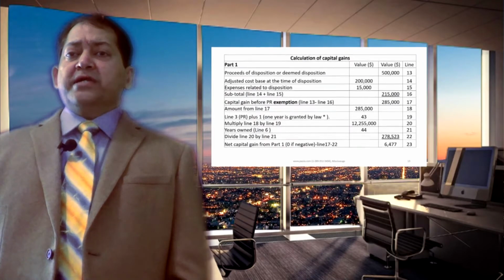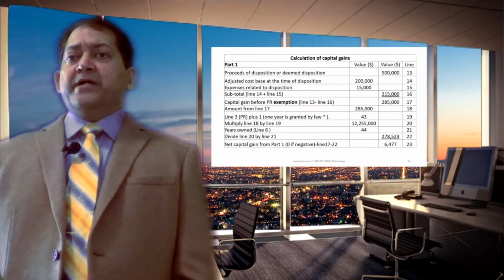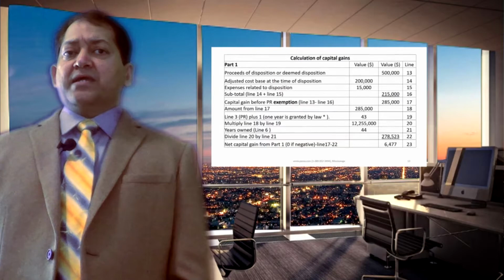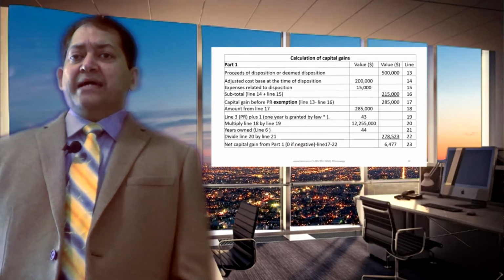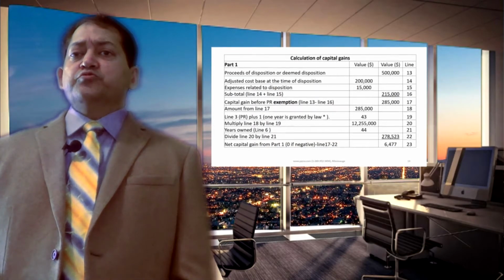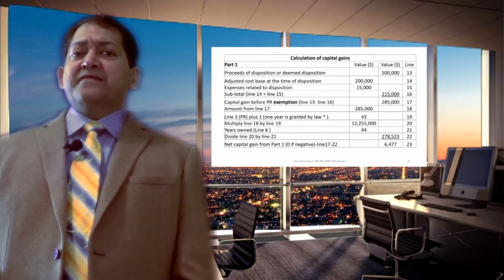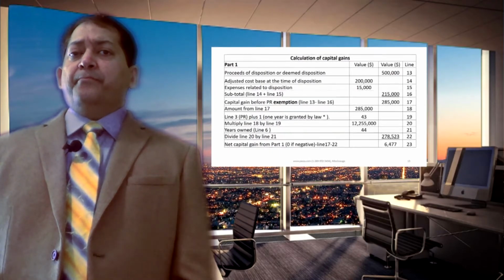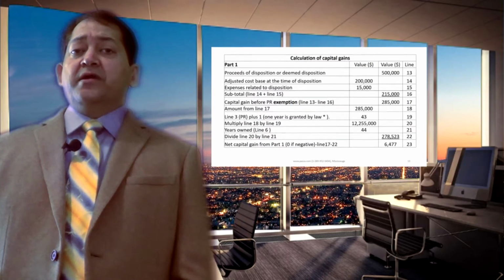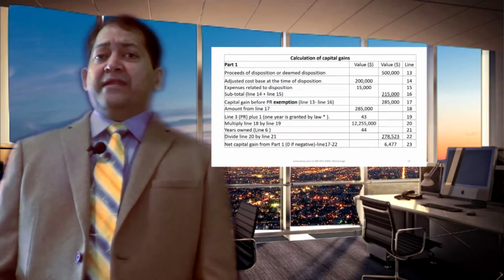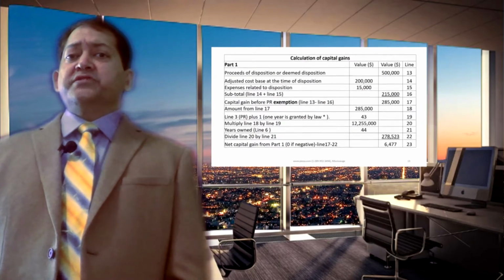Now you need to take the difference between the value mentioned on line 17, that is the capital gain before PR exemption, and of course the exemption limit, that is 278,523, and you get the net capital gain from part 1. It is 6,477, that is mentioned on line 23. Remember one thing, if it were a negative value, you should mention 0 over here.